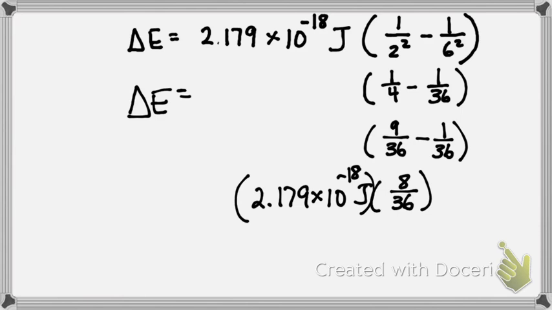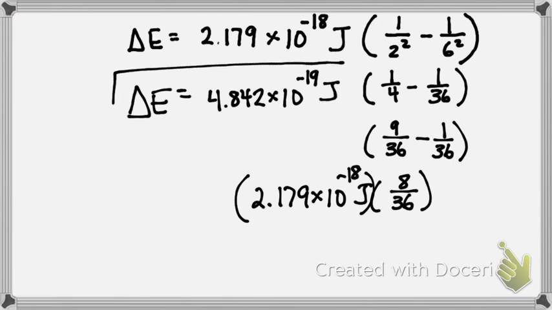And I obtain an answer of 4.842 times 10 to the minus 19 joules. Now this isn't my final answer, but I'm going to box it in because it is an essential part of the answer.